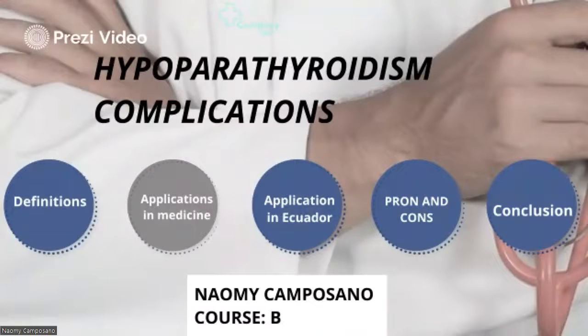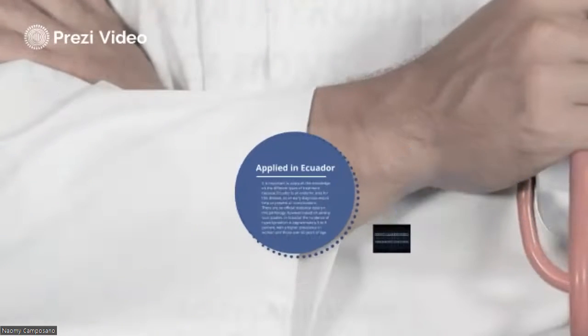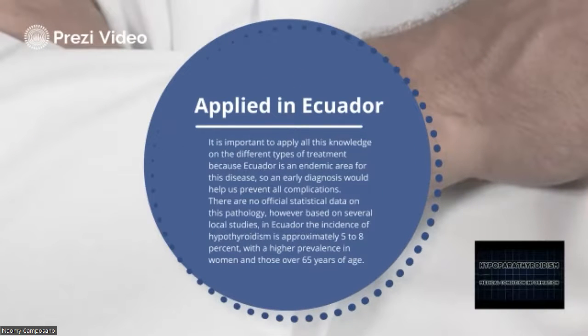Okay, application in Ecuador. It is important to agree at this college on the different types of treatment because Ecuador is an endemic area for this disease. So an early diagnosis will help prevent a complication.